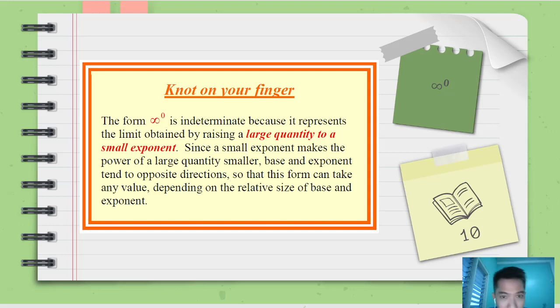Why? Because it represents the limit obtained by raising a large quantity to a small exponent. It is not necessarily 0. It just approaches 0. Since a small exponent makes the power of a large quantity smaller, base and exponent tend to opposite directions, so that this form can take any value depending on the relative size of base and exponent.